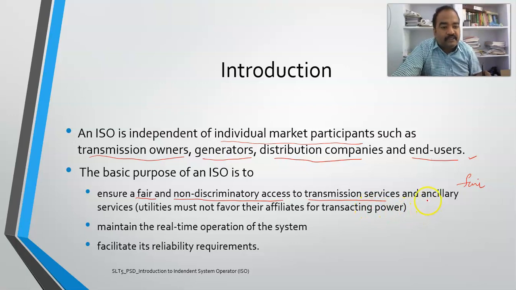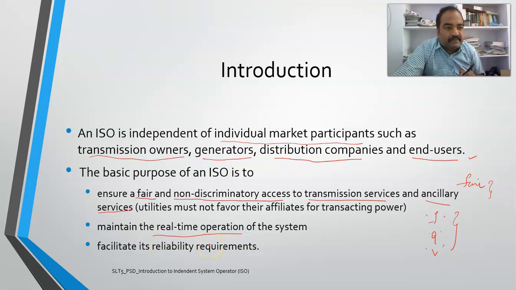Besides, he also provides ancillary services that we have discussed in the previous lectures. The different ancillary services are frequency management, reactive power management, and voltage support. All these ancillary services are provided by the ISO. Not only that, the ISO also maintains real-time operation of the system.